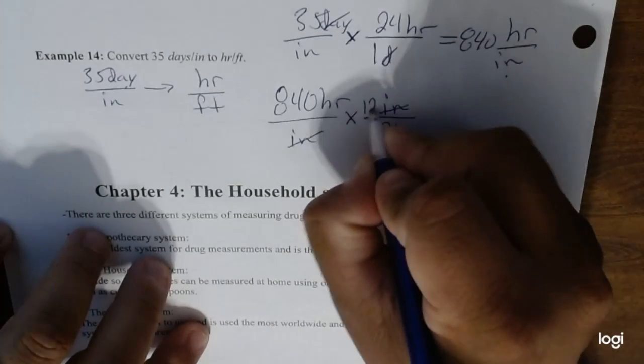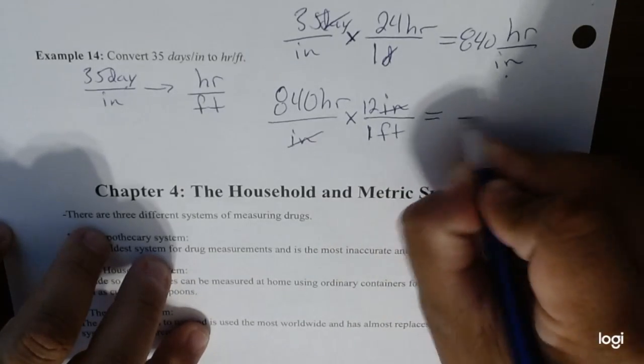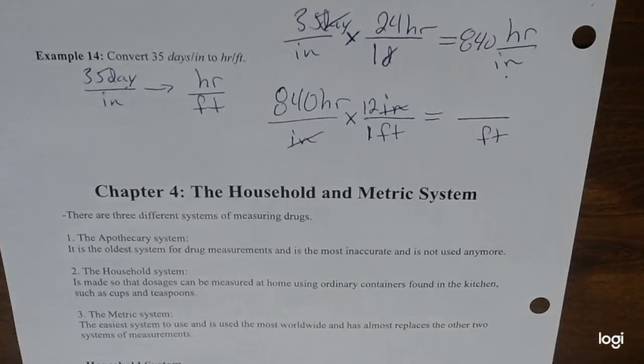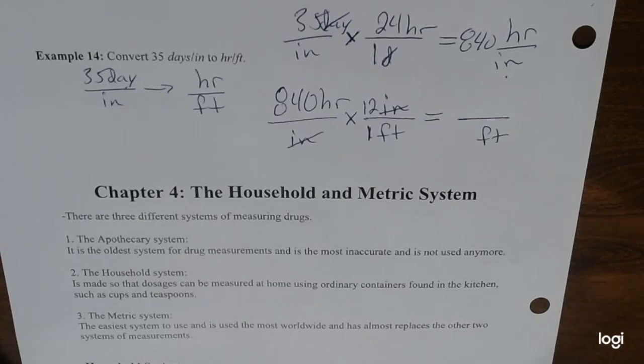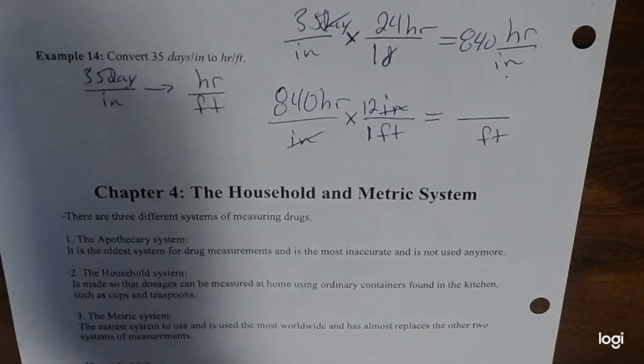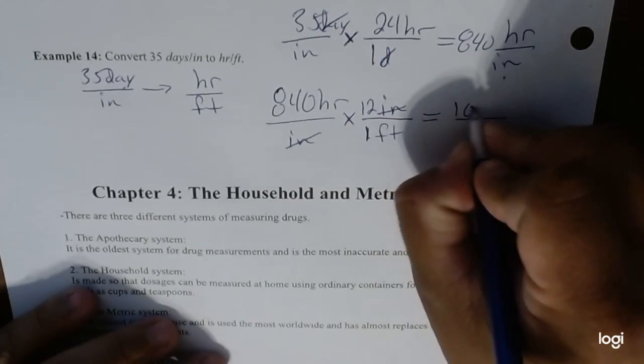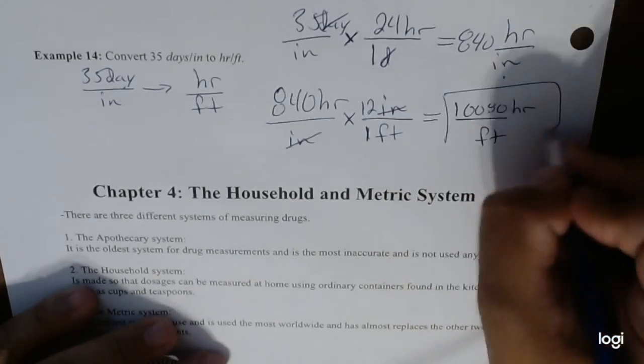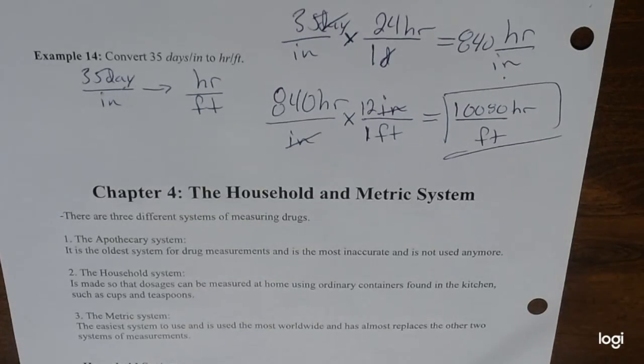So for every 12 inches, there's 1 foot. So in this case, feet on the bottom, and now this time we multiply 840 times 12, which gives us a grand total of 10,080 hours per feet.